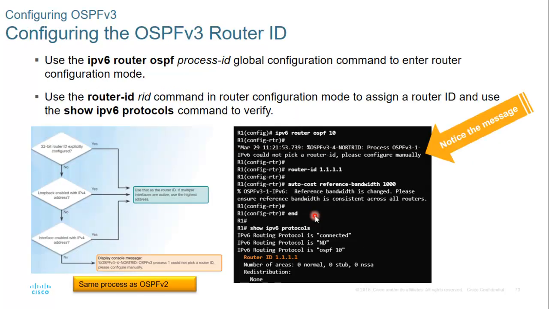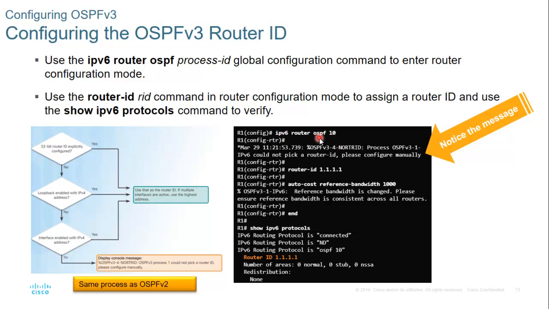Use the IPv6 router OSPF process ID global configuration command to enter the router configuration mode. It is similar to OSPF version 2, except that we put IPv6 here to tell the router that we are dealing with IPv6. So IPv6, router, OSPF, and then this is the process ID.